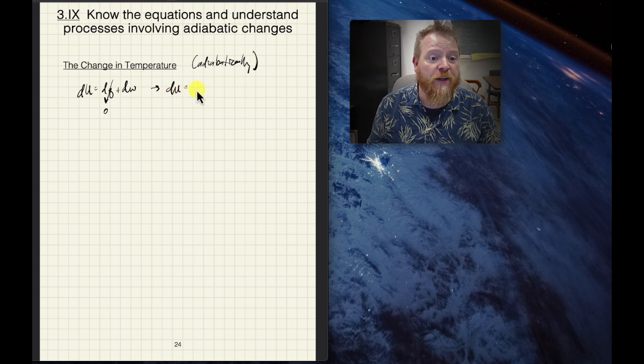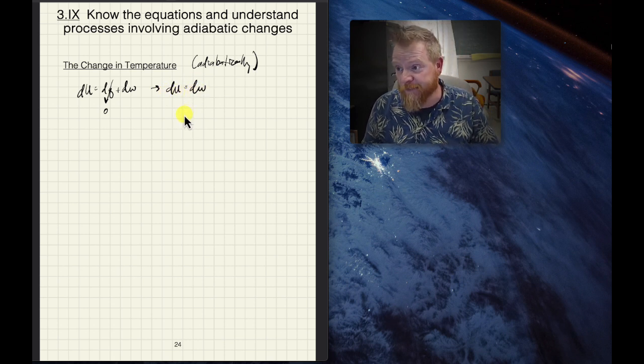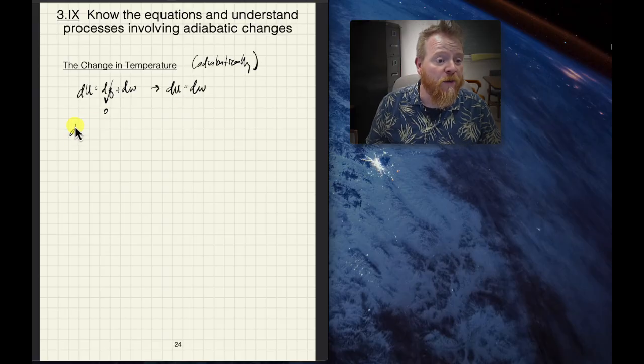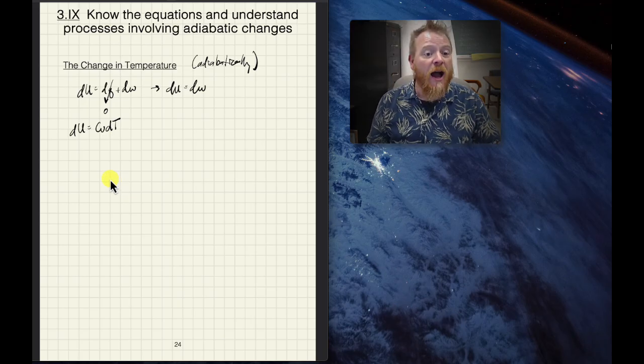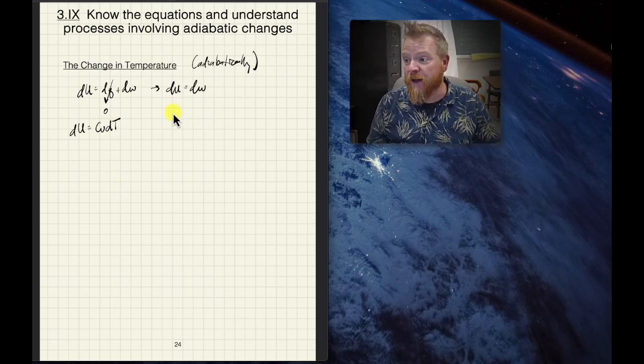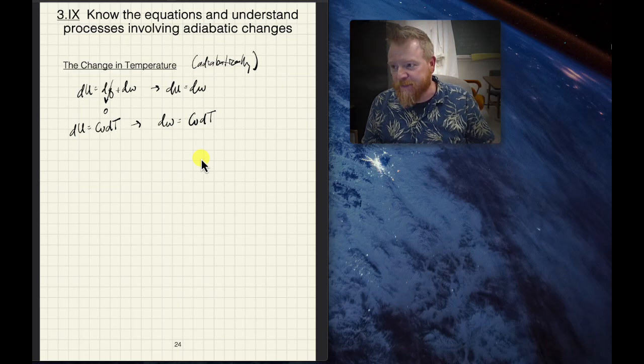Therefore, the internal energy change is solely related to the work done. Okay. So we recall that dU equals Cv dT, and because that's equal to work, that means that dw has to be equal to Cv dT.